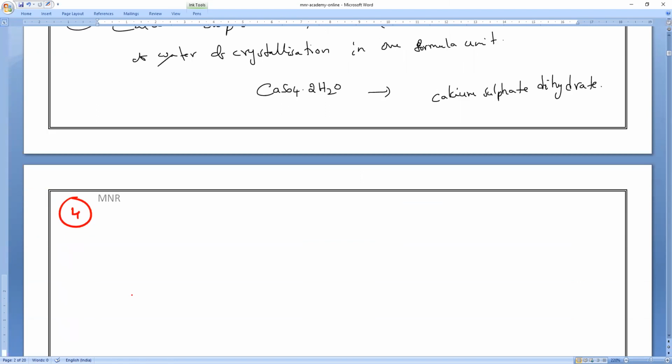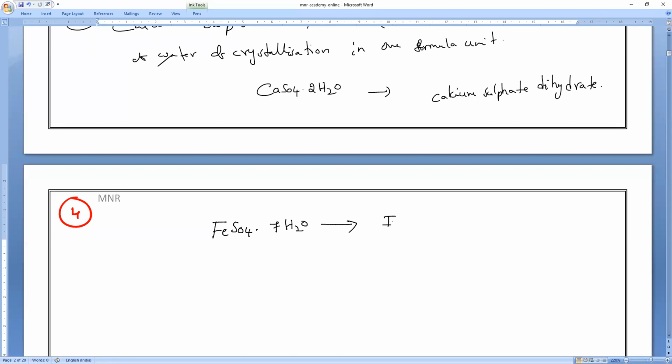Iron sulfate. By the decomposition reaction, you might remember that we get sulfur dioxide and sulfur trioxide gases. Do you remember, all of you? So tell me iron sulfate formula. FeSO4.7H2O. So iron sulfate crystals contain 7 molecules of water of crystallization per formula unit.